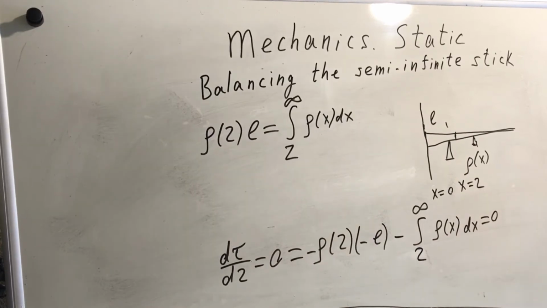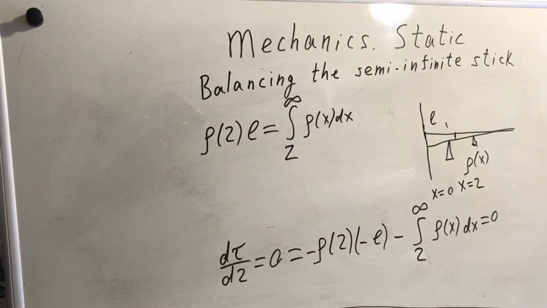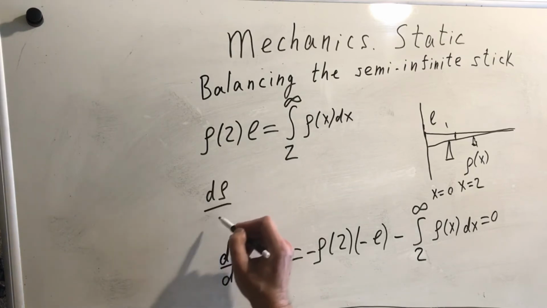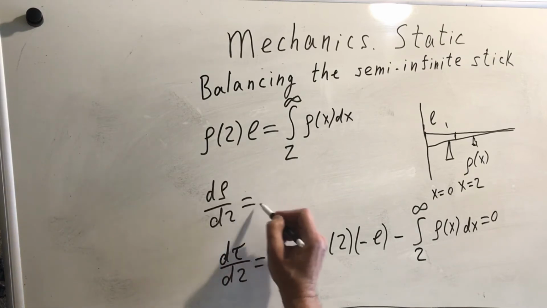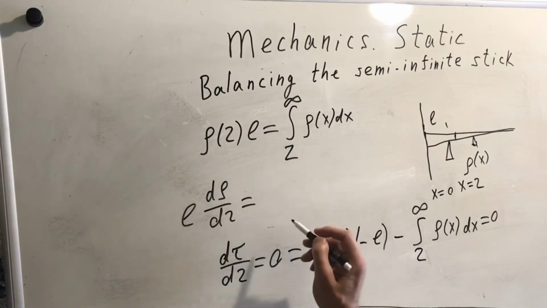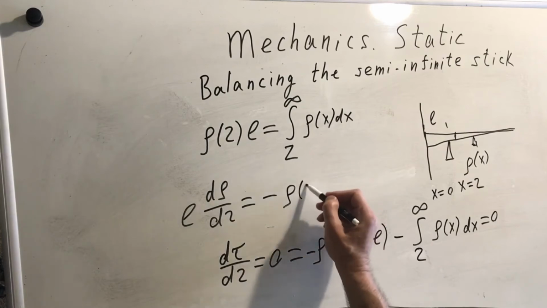Let's rewrite this expression in this way, and now we have a simple equation of which we can take another derivative. So we have d rho over dz multiplied by L, that's equal to negative rho at point z.